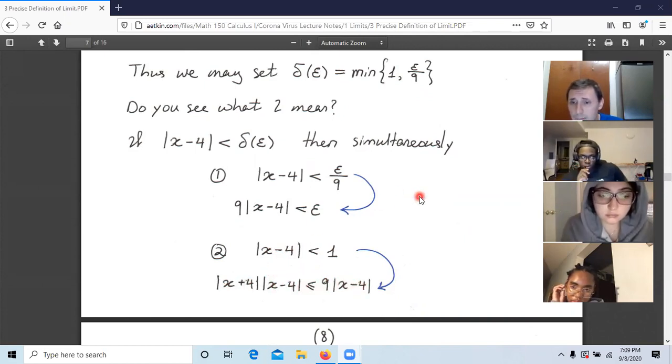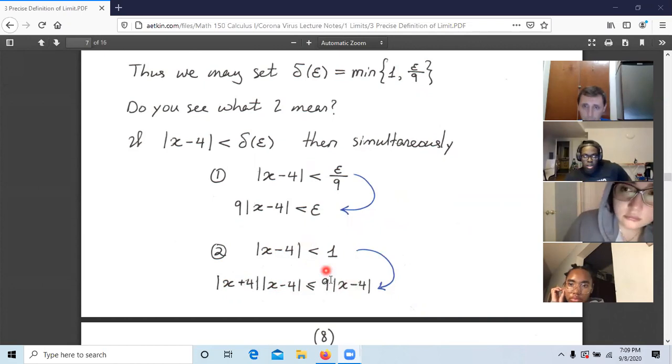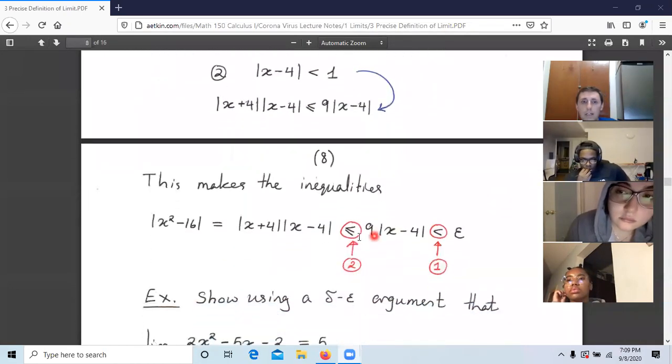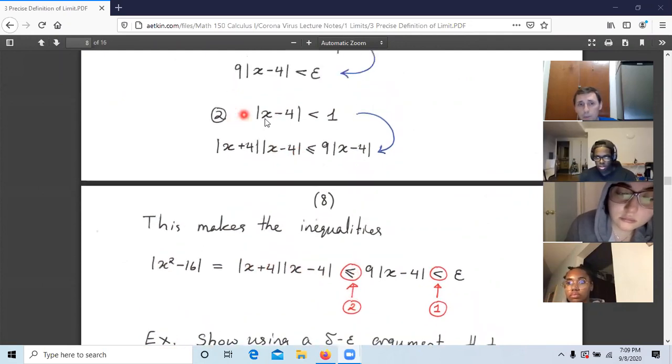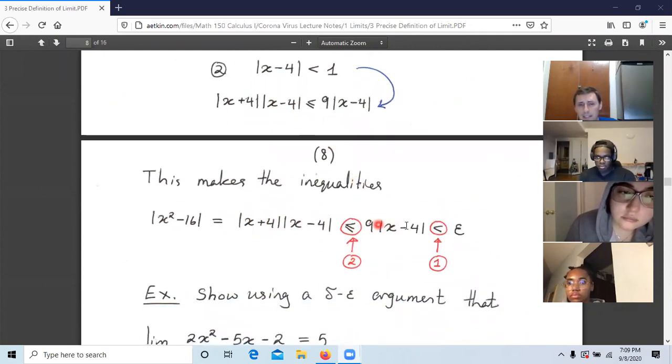Good? In absolute value. I don't mention absolute value here, but you understand. So again, this argument here, look at it. The absolute value of x plus 4 times the absolute value of x minus 4, by property 2, is less than 9 times absolute value of x minus 4. And by property 1, this part is smaller than epsilon. So my proof is complete.